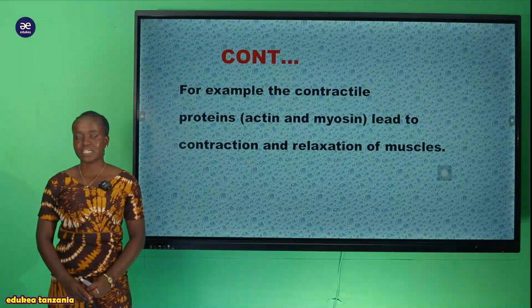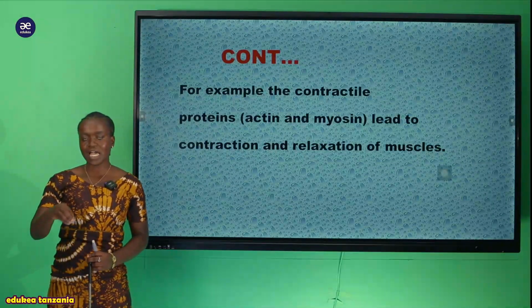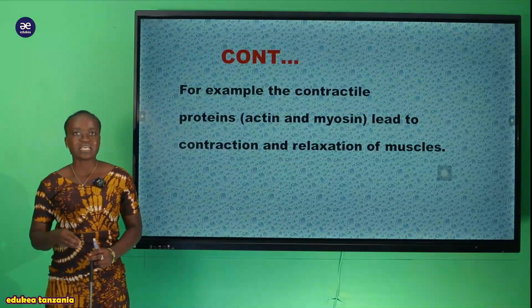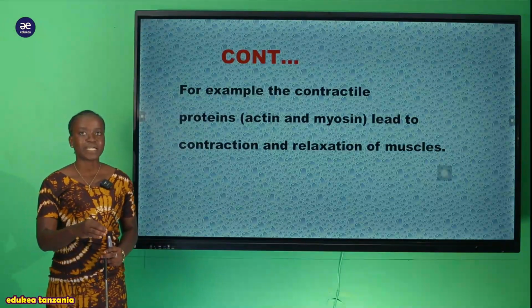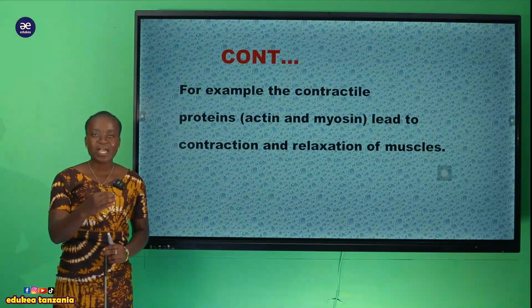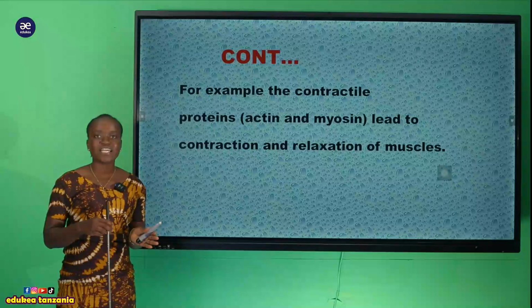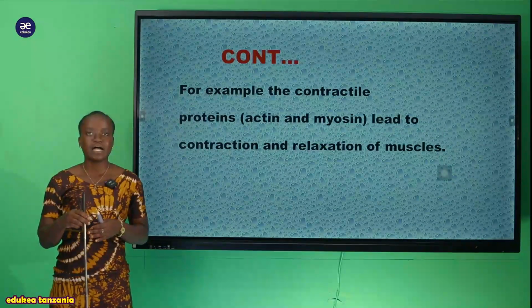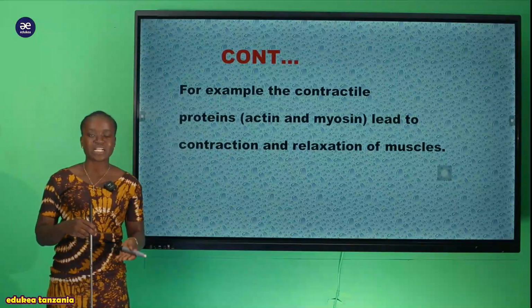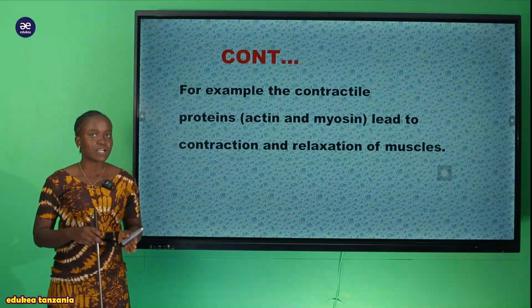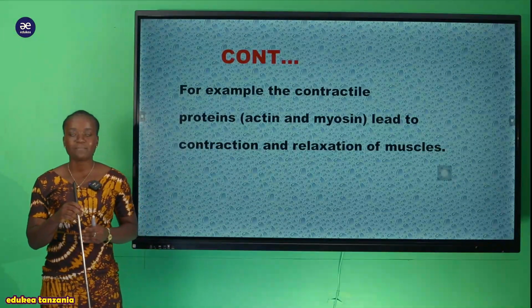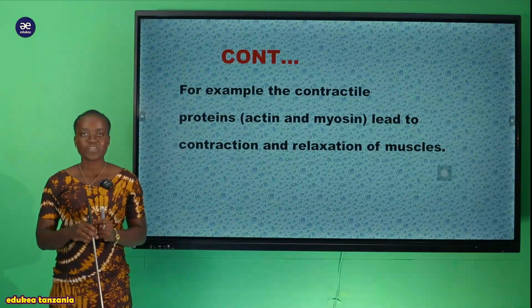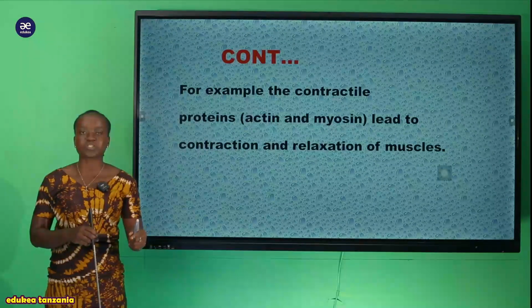For instance, in a human being. So within the muscle of a human being, there is a presence of actin and myosin. So ndio ambayo sasa ina bring about contraction and relaxation. And remember, when we say contraction and relaxation, ndio ambayo ina bring about movement. So without contraction and relaxation, movement could not occur.